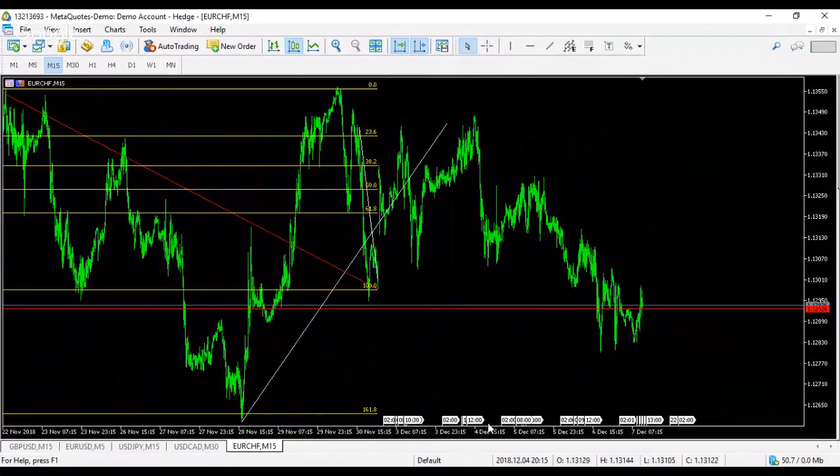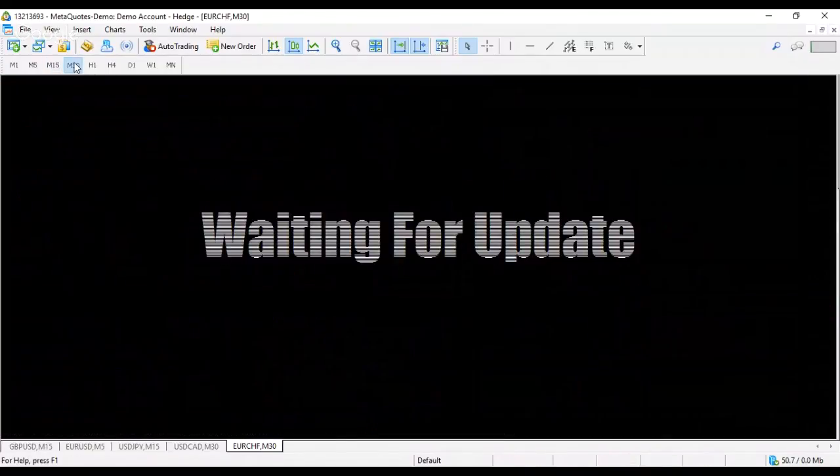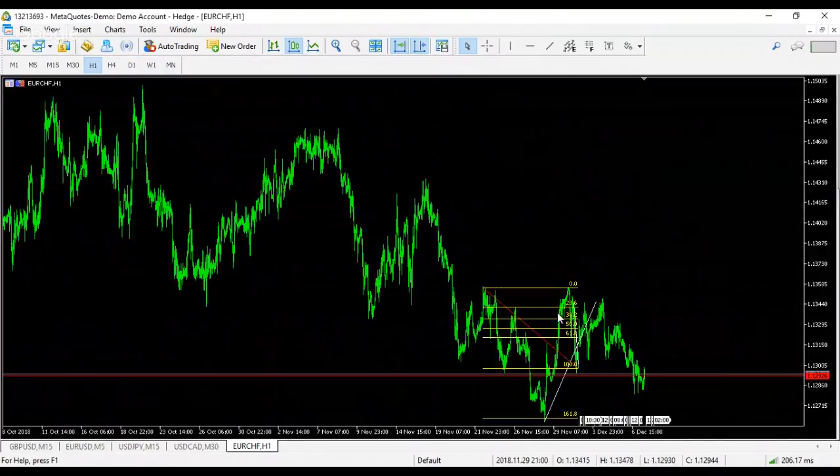Now, this is where the Fibonacci comes into place. This is Forex, guys. We can see that there's a very high probability of a move. Let me just draw these trend lines and let's hear what they have to say.